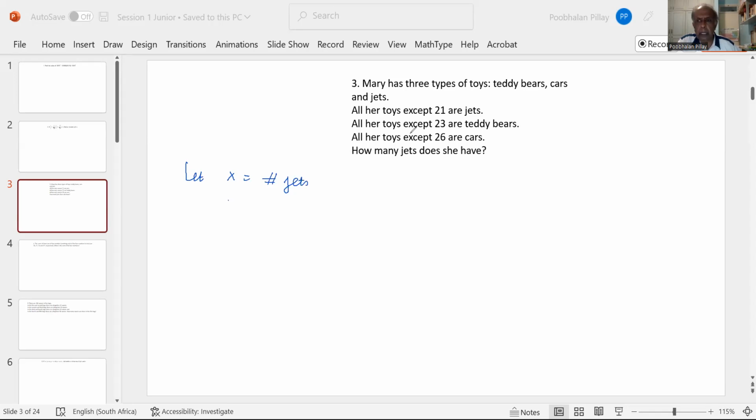And likewise, you got teddy bears. So let's give a name to the number of teddy bears. And likewise, give a name to the number of cars.